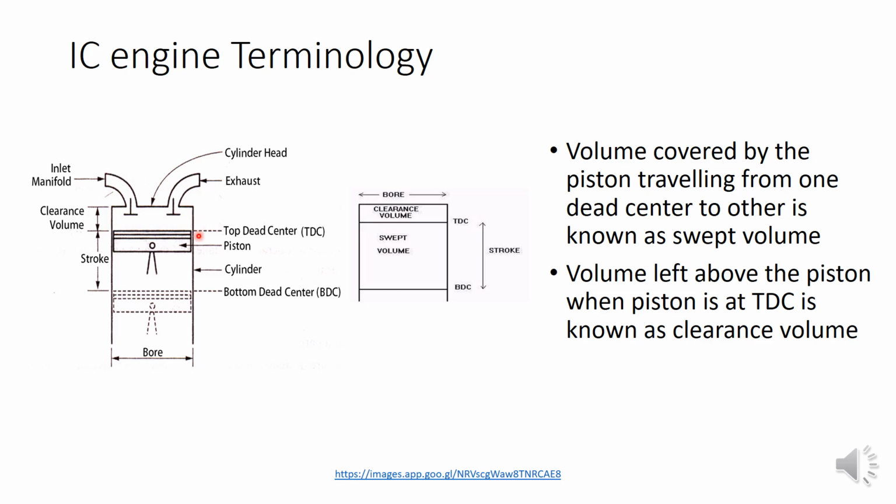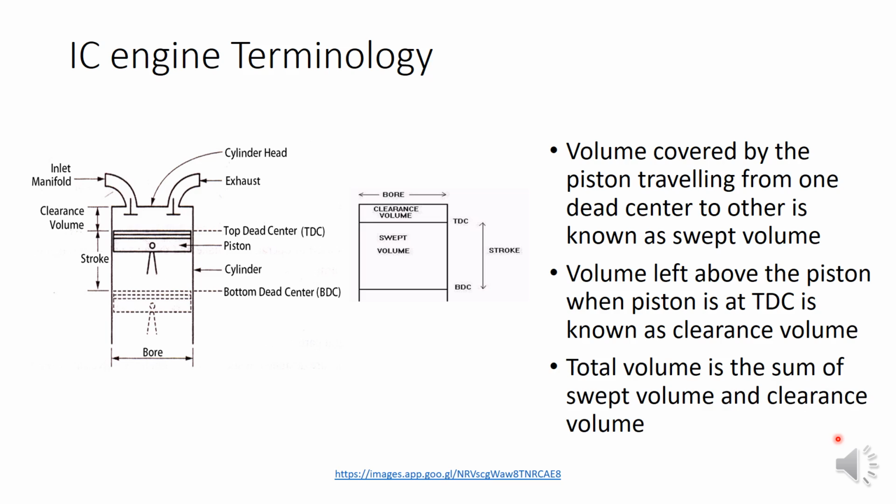So you have to provide a small clearance volume here. Clearance volume is the volume left above the piston when it is at top dead center. The total working volume of the cylinder will be the sum of swept volume and clearance volume. So that is swept volume, clearance volume and total volume.